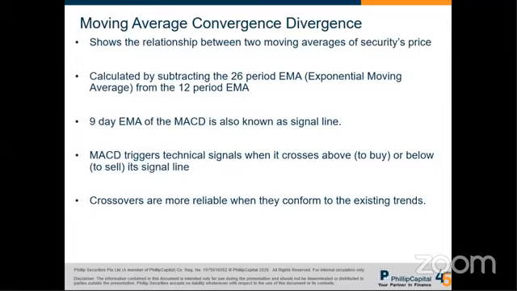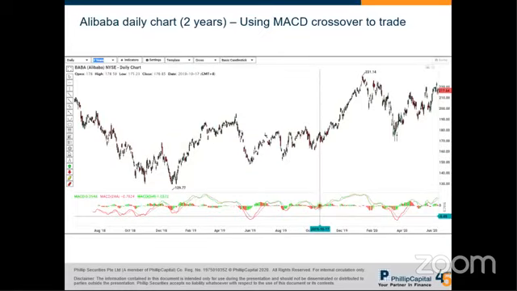One thing is that when you want to make use of MACD, you want to follow the trend. You do not want to go against the trend. Let's say you are using a MACD crossover to do a trade. This one is an Alibaba trade, Alibaba shares.